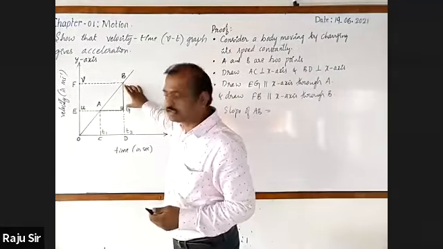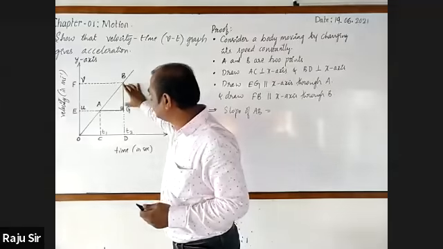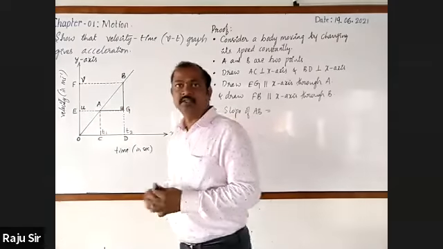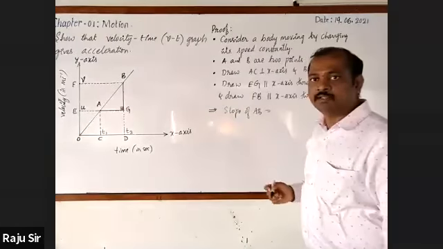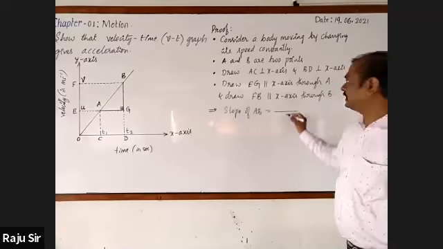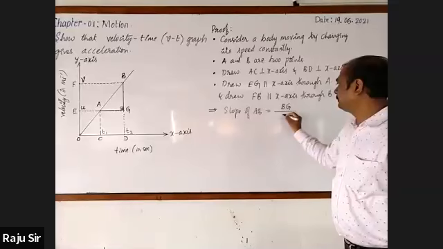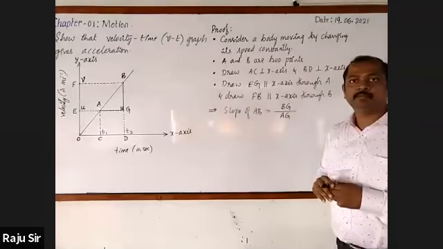Vertical distance is BG, not BC. Here we have taken G. Very good. Horizontal distance is AG. So let me write the same. Slope of AB is equal to BG by AG.